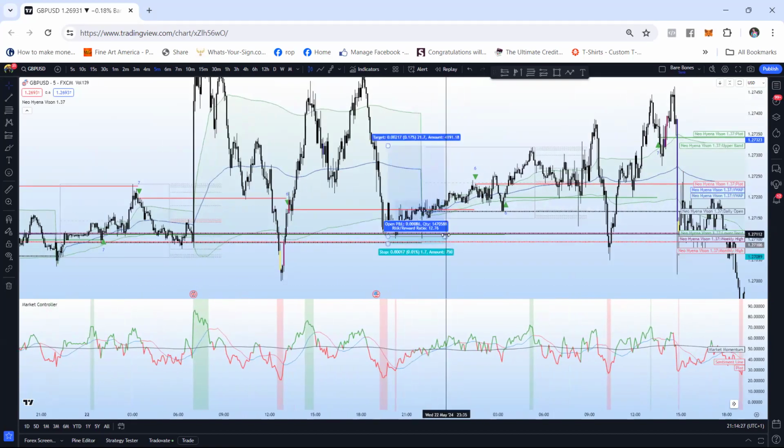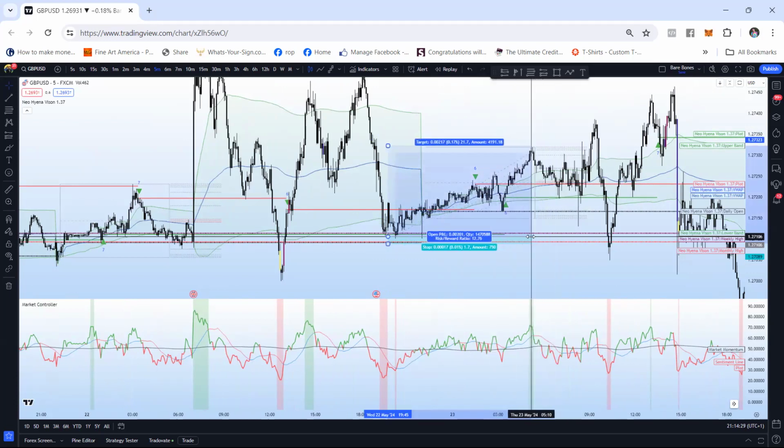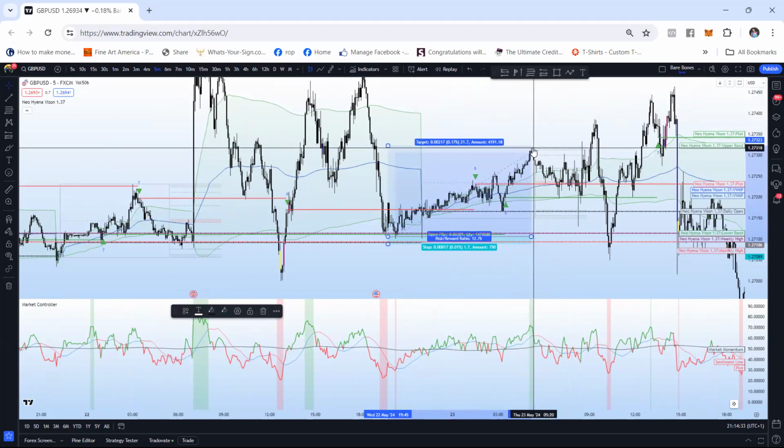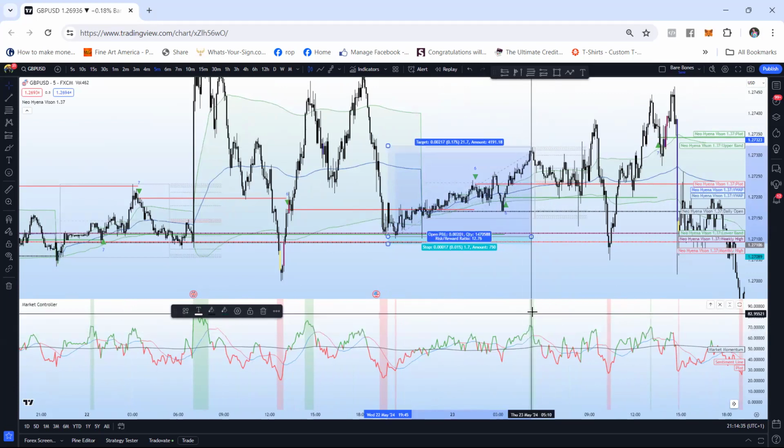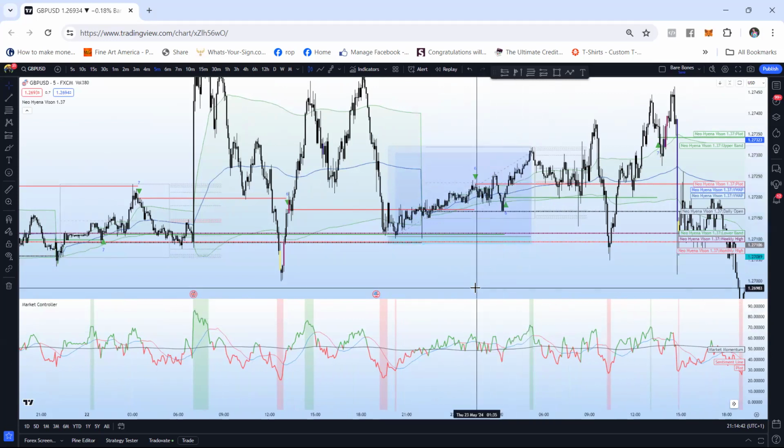And from there, you just hold your trade until you see the market controller turn the opposite color. So that would be a perfect buy setup, right?